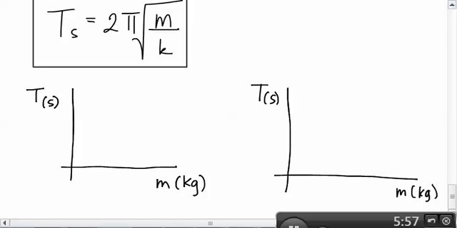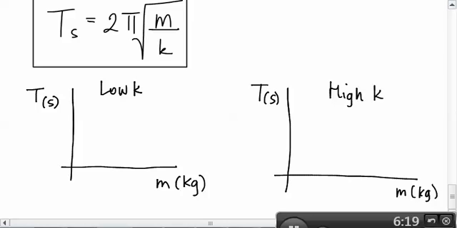The stretchy spring, tell me about its k constant. Was its k constant low or high if it was real stretchy? A stiff spring has a what kind of k? High. So a stretchy spring would have a low k constant, and then we had one that had a high k constant.